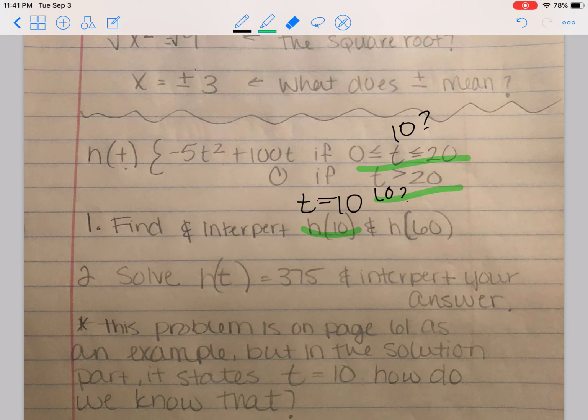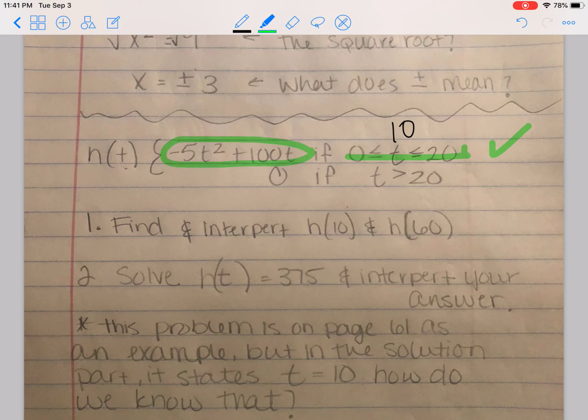That's the question you have to ask. Well, 10 is a number between 0 and 20, so it's going to fall into here. This is the right case, so we should be using the corresponding function. In this function here, that's where we're going to plug in 10.